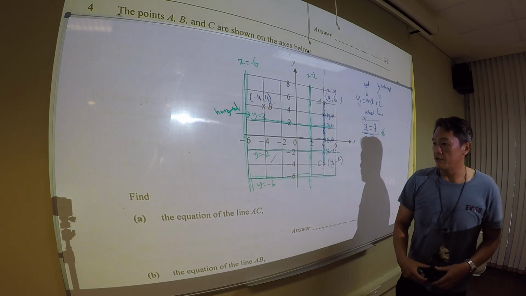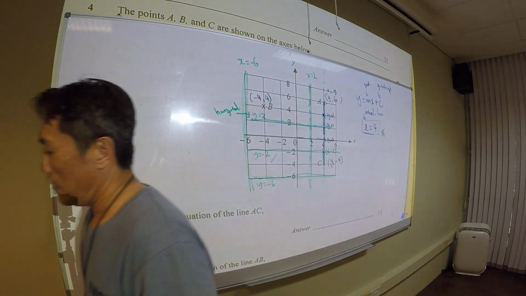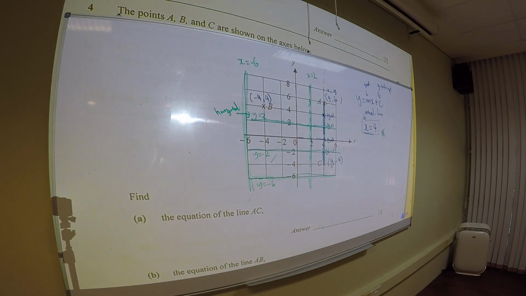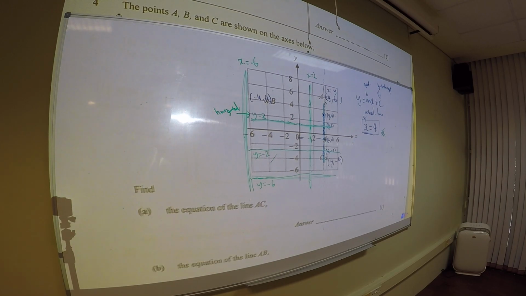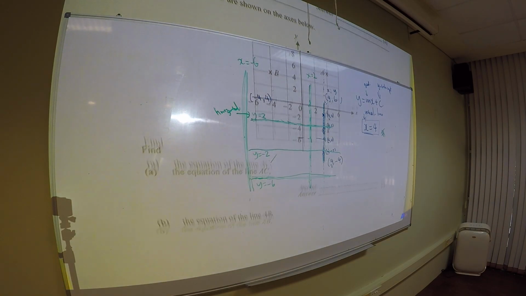Okay, then the equation of the line AB. This one we have to go through in class, keep practicing.